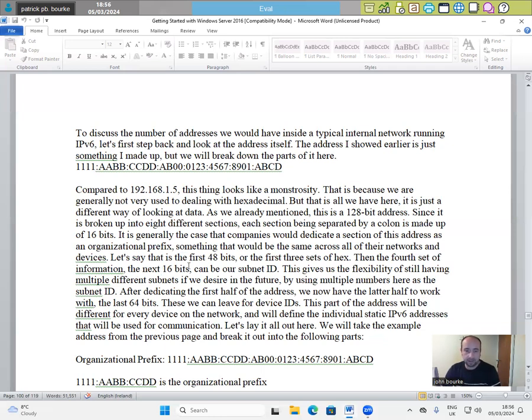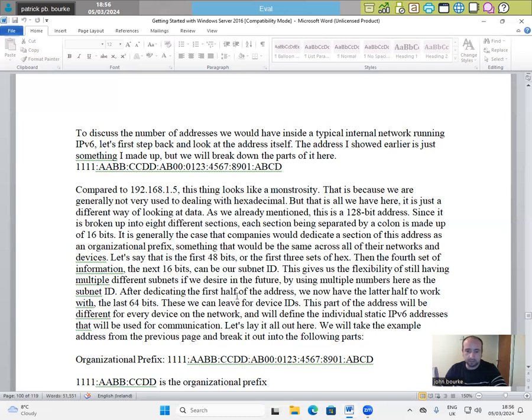Let's say that the first 48 bits are the first 3 sets of hex. Then the 4th set of information, the next 16 bits, can be our subnet ID. This gives us the flexibility of still having multiple different subnets if we desire in the future by using multiple numbers here as the subnet ID.